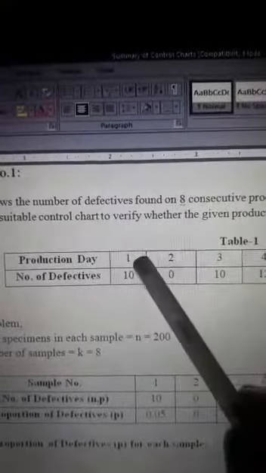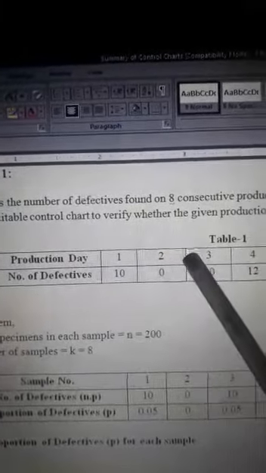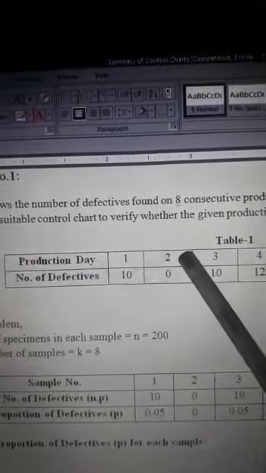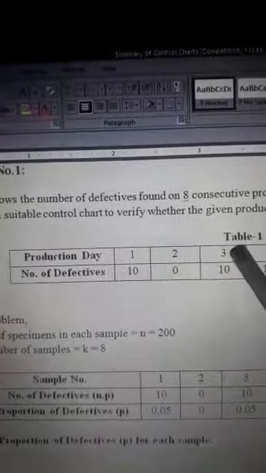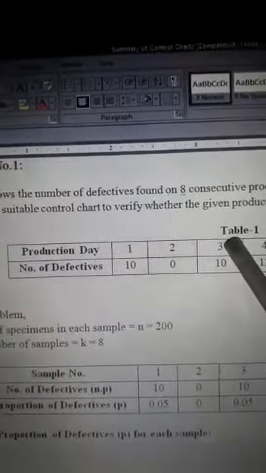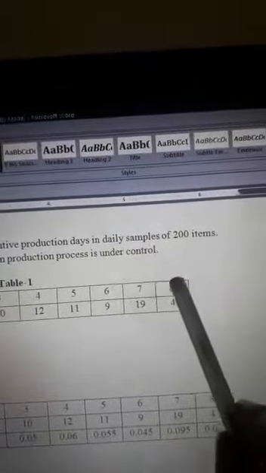In sample 1, 200 specimens have been inspected. In sample 2 also the same number, 200 specimens, have been inspected. In sample 3 also 200 specimens have been inspected, and so on till sample number 8.